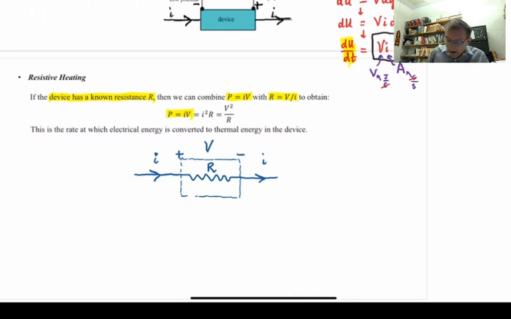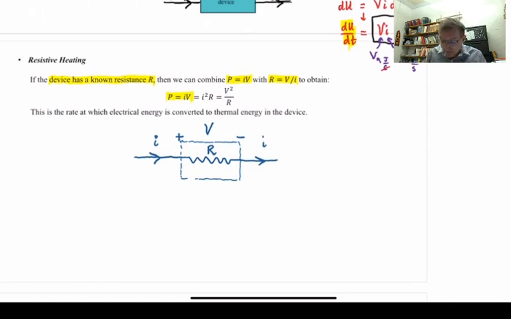But I can take the definition of resistance, R equals V over I, and solve it for V. V equals I times R, and substitute that right there for the V, and I get another expression for power that can be useful: I squared times R. Take the current going through the resistor, square it, and multiply it by the resistance in ohms. Useful if I know I and R.